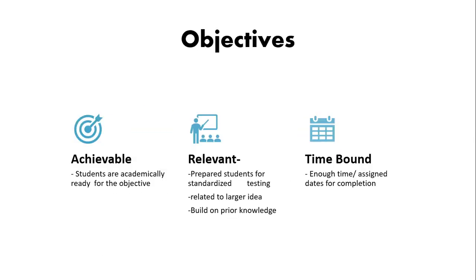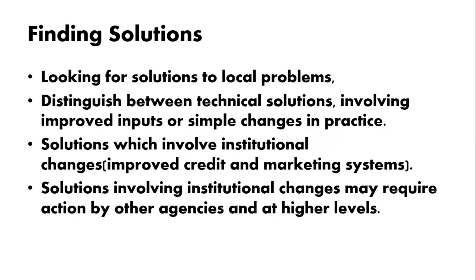Therefore, objectives should be specific, measurable, achievable, relevant, and time bound. So that is how to write an objective, what its characteristics are, how it defines specific goals, and how it is converted into solutions for the target population.